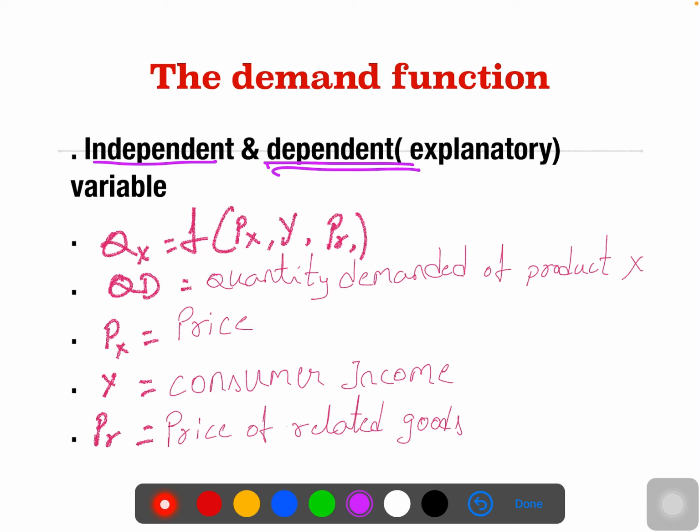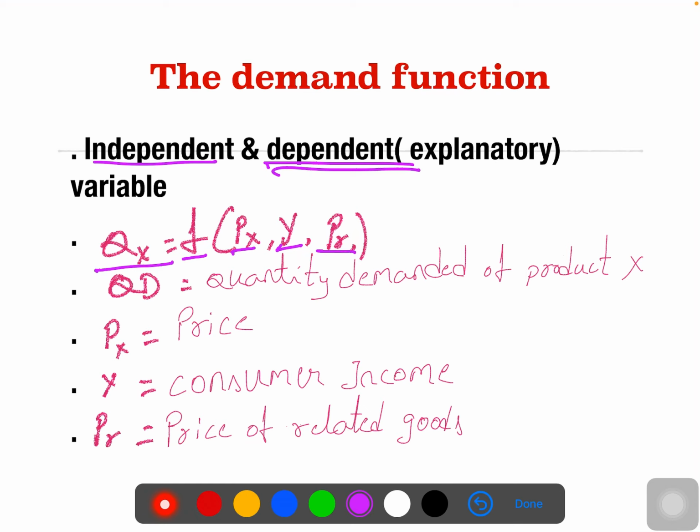For an example, you can see one of the equations here. The equation says quantity demanded is a function of the price of the good, income of the consumer, and price of the related goods.